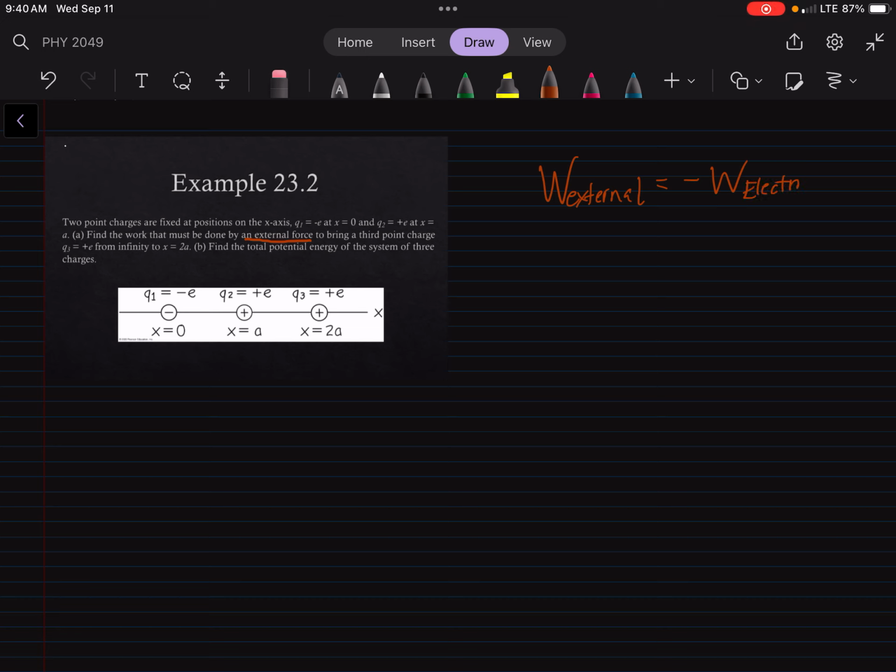In the same way, the work that it requires for a person to move a ball against gravity or with gravity is going to be the opposite sign as the work done by gravity. So you can use the ball and gravity analogy to help you better understand that.